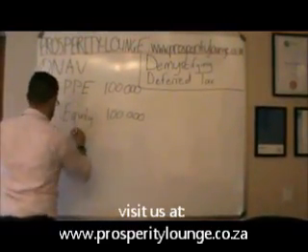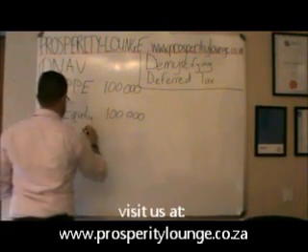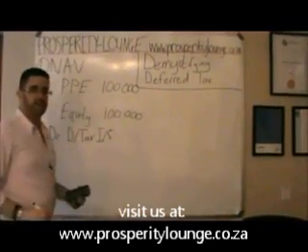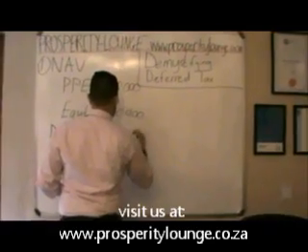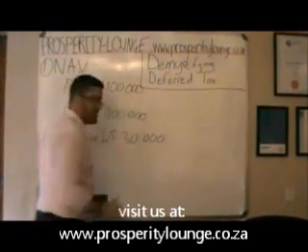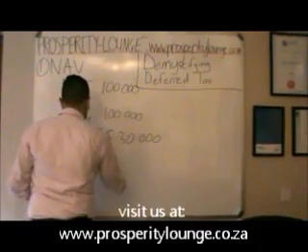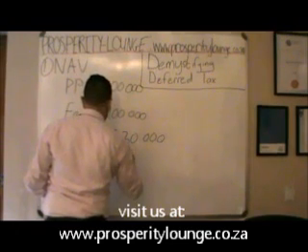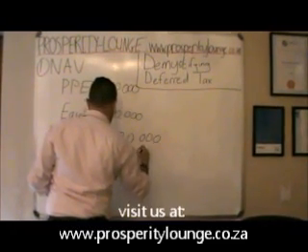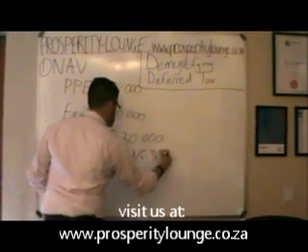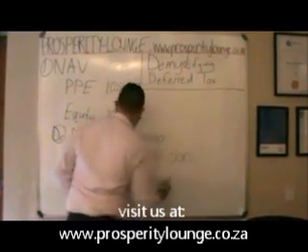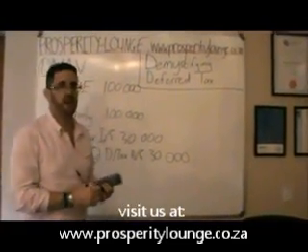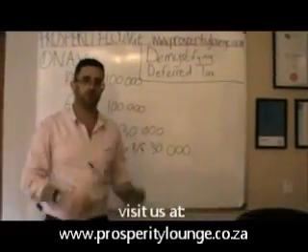Debit deferred tax income statement, 30,000 Rand, and we credit deferred tax balance sheet 30,000 Rand, as being a liability owing to SARS in the future of 30,000 Rand.